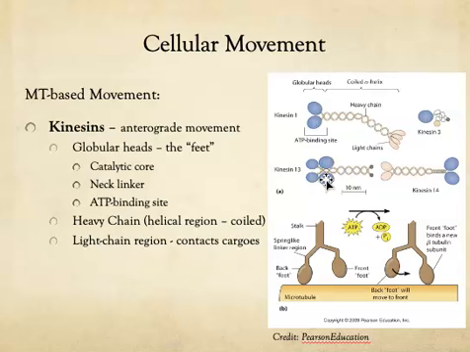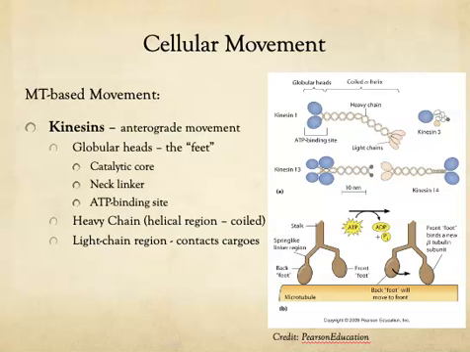Remember, there are multiple types of kinesin proteins. They're all a little different. They're different sizes. The length of the heavy chain really varies. The number of globular heads varies. But they're all similar in that they all have heavy chain, light chain, and globular heads.